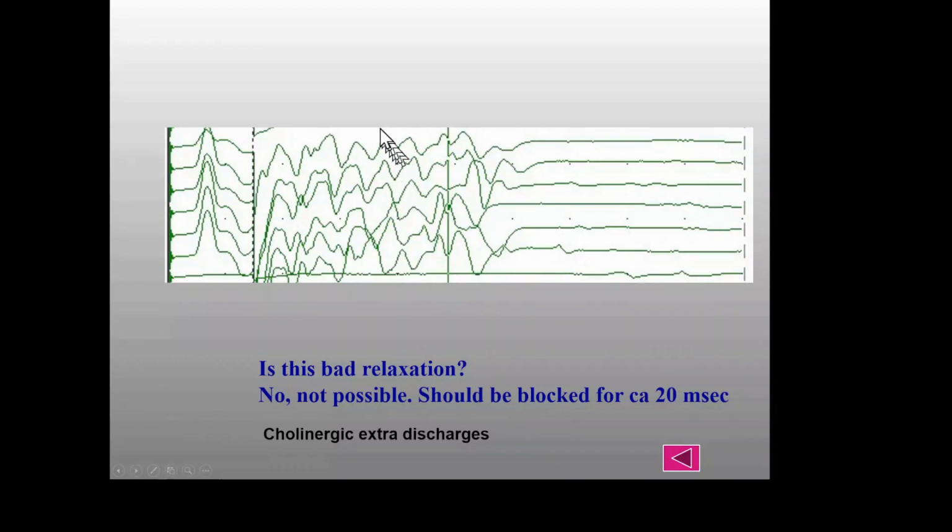And here it is an excessive amount of activity after the CMAP. Normally it should be silent here, and these are signals that are generated distally, and they disappear immediately when we do a 3 Hz stimulation. Already after the second pulse, the others here disappear.